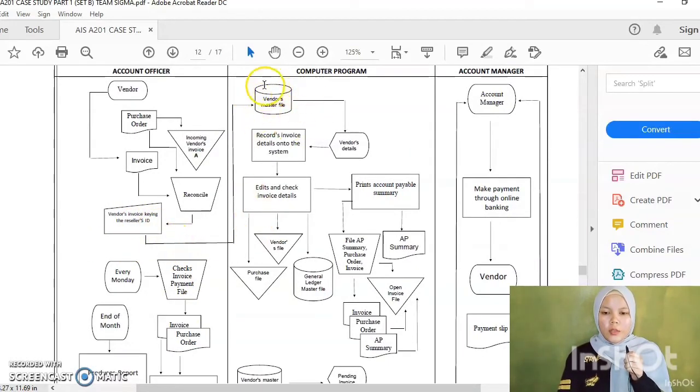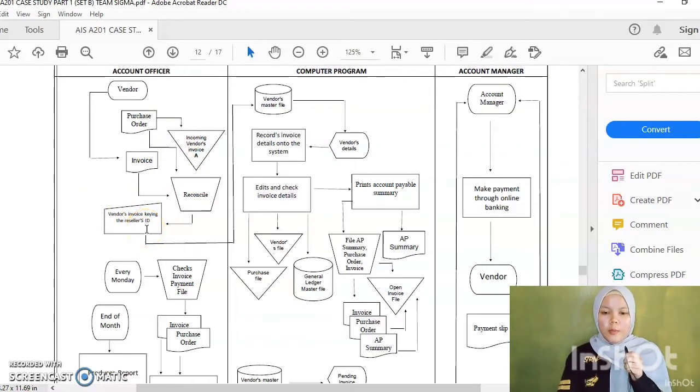He also does the purchase order according to the incoming vendor's invoice and reconciles the purchase order to the vendor's invoice, keying in the reseller's ID.